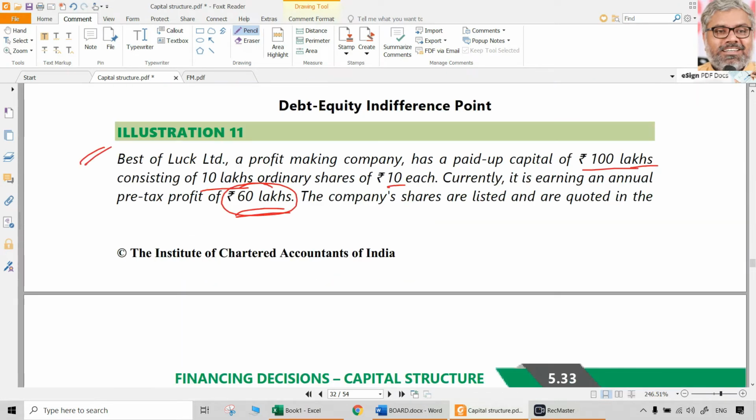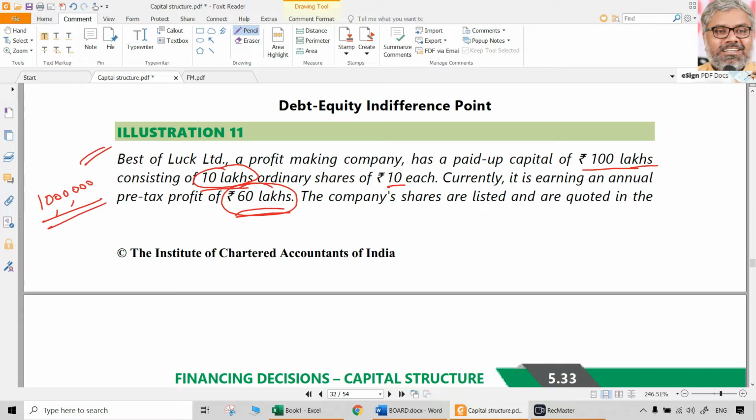Currently the company does not have any debt. There is nothing given. Profit making company has a paid up capital of 100 lakhs rupees, all equity shares only. So how many equity shares are there already? 10 lakhs equity shares of 10 rupees each are already there. That means 100 lakhs rupees paid up capital is there already.